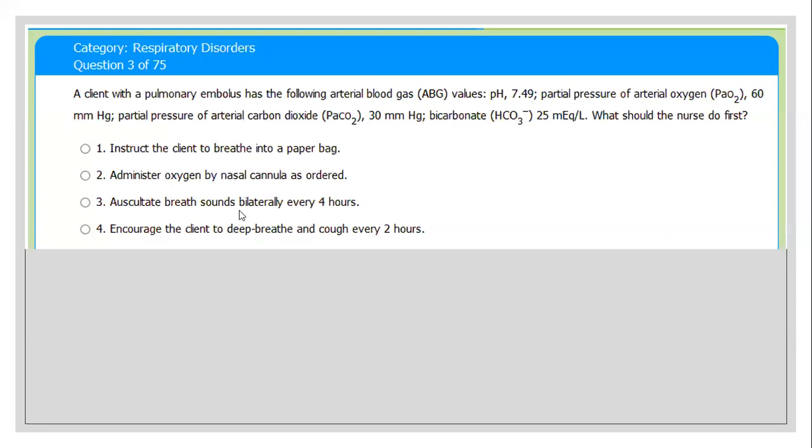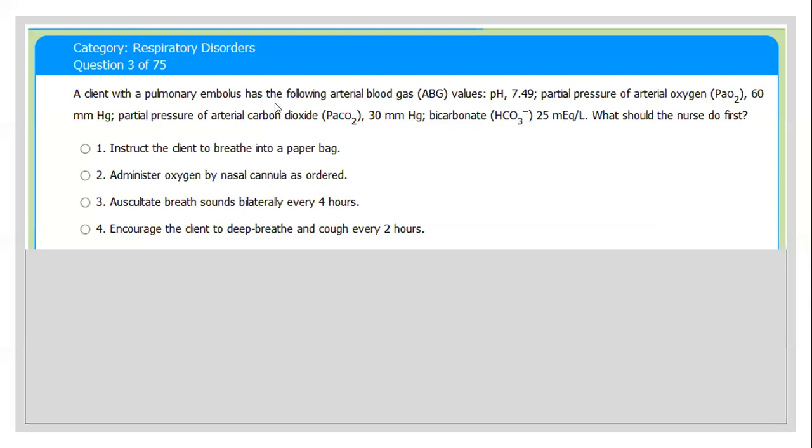Now let me go to the brilliant way to answer this question. This patient has a history of pulmonary embolus, right? Embolus means blood clot formation, and when this clot passes through narrow circulation like the lungs or brain, it gets stuck and causes blocking.